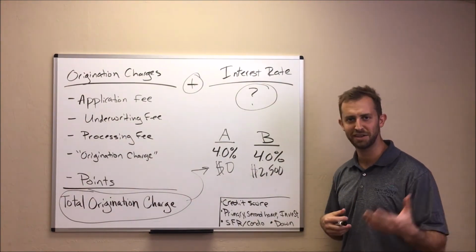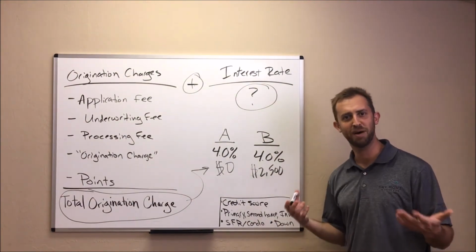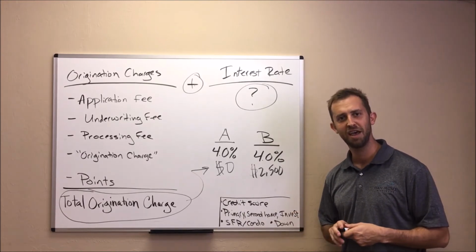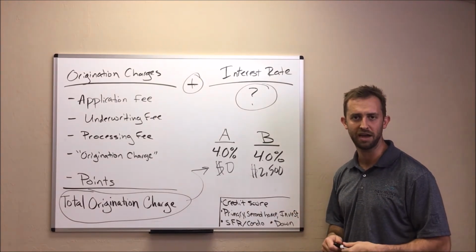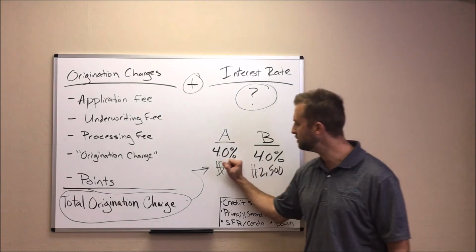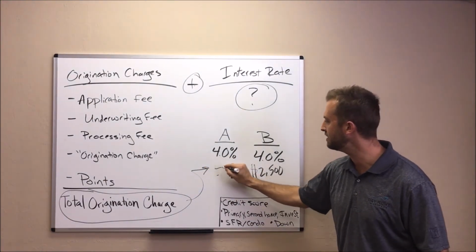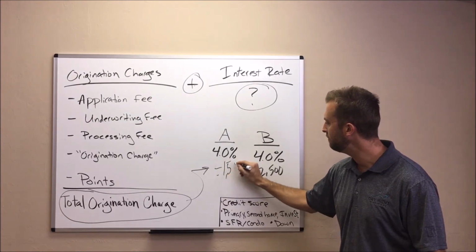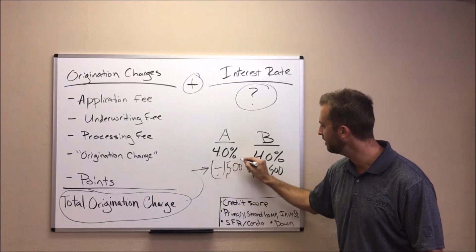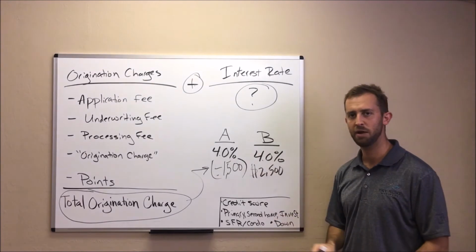Now, origination charges do not always need to come as a 0 or positive number. Positive not meaning a good thing to you as a consumer. In fact, if you have a positive origination charge, that's money you're going to have to come out of pocket with at closing. In fact, origination charges can come in the form of a negative number. So let's say that lender A is actually going to give you $1,500 back for a 4% rate. Well, guess what?